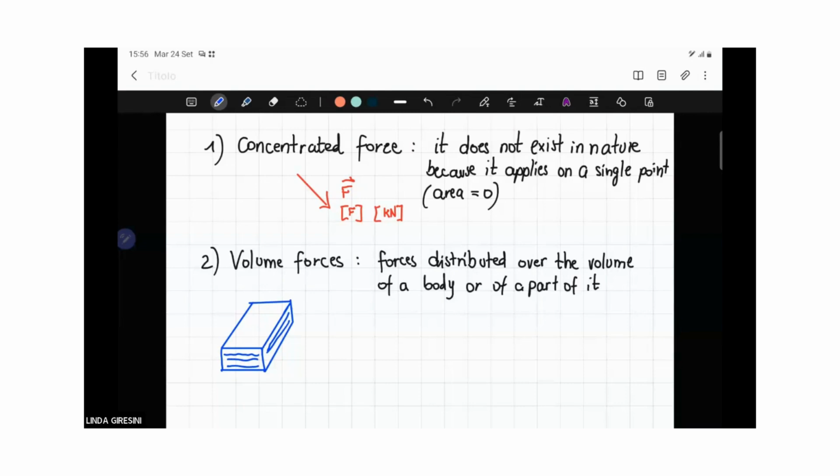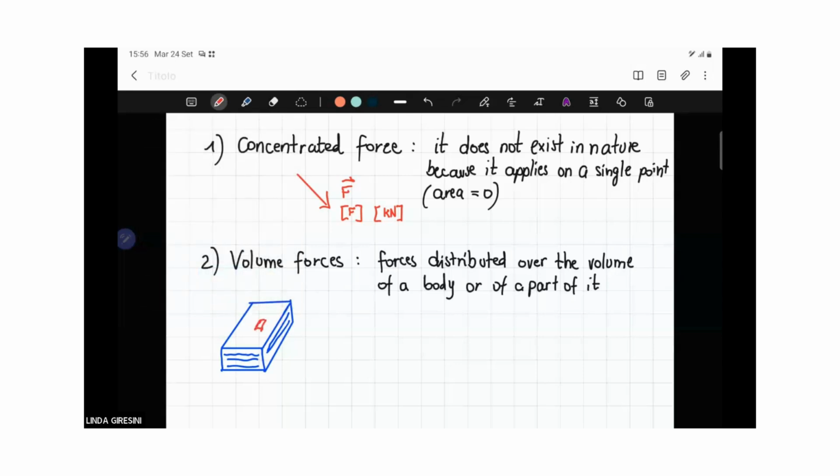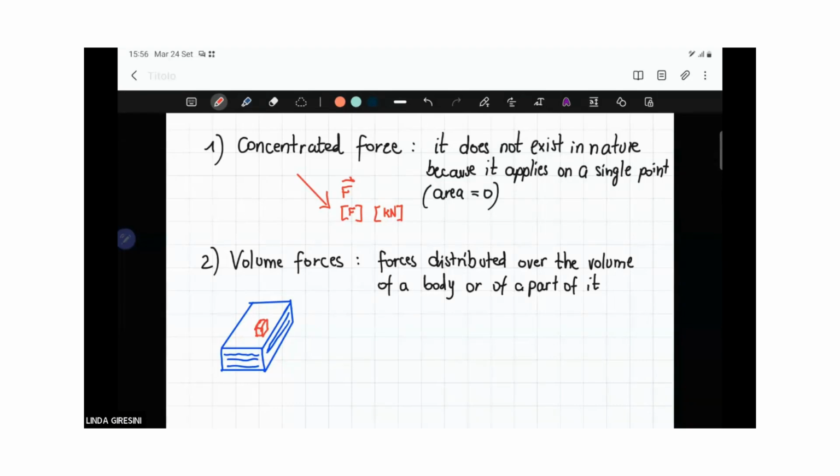It will have a specific weight. So if I take each small, infinitesimal cube of this book, each infinitesimal cube will have a volume called dV, which is an infinitesimal part of the volume of the book itself. Then I define gamma. Gamma is something fundamental in structural engineering.